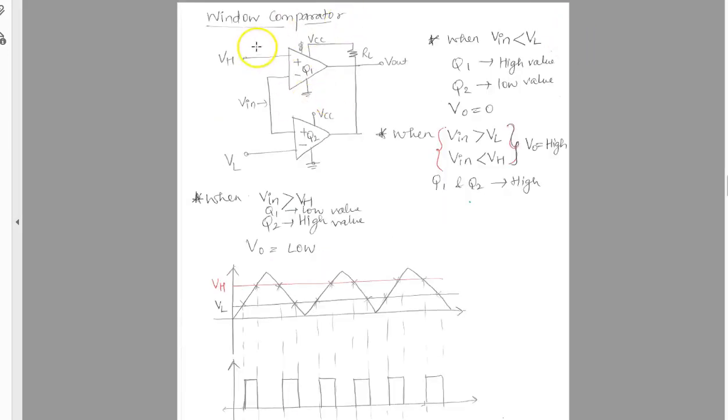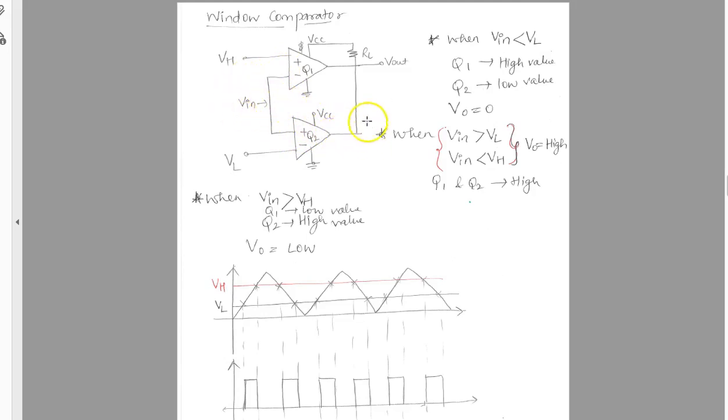So this is an example of a window comparator, and this is the circuit of a window comparator, where it uses two op-amps, Q1 and Q2. One side of the op-amp Q1 is connected to the high voltage, or you can say the positive is connected to this particular voltage, the non-inverting side, and in the second op-amp the inverting side is connected to this VL, and the other terminal of the op-amp is connected to some input voltage.